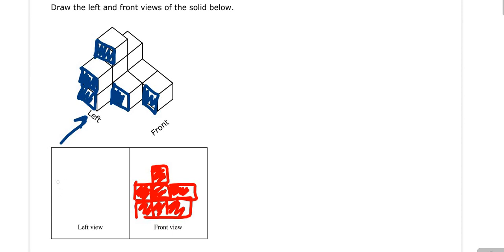So from the left, there would be a row of 3 boxes, and then 2 more to the right at the bottom layer. So it would look from a flat perspective to be an L shape. That's called orthogonal drawing.